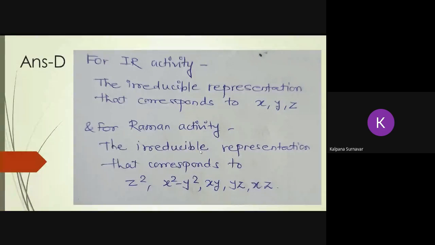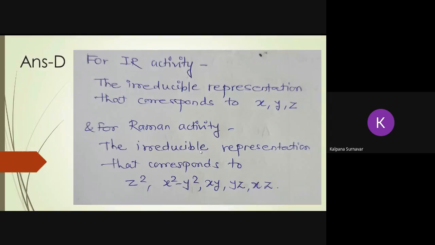When the irreducible representation contains XY, YZ, XZ, Z square, or X square minus Y square, any one of them present, the mode is a Raman active mode.